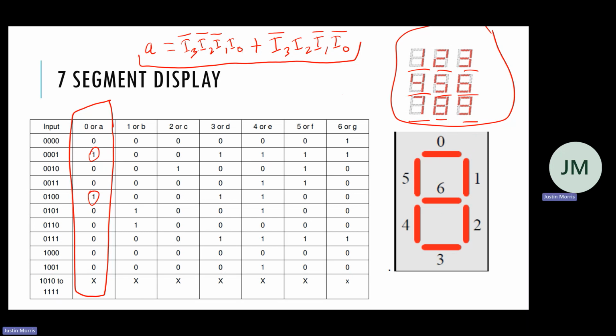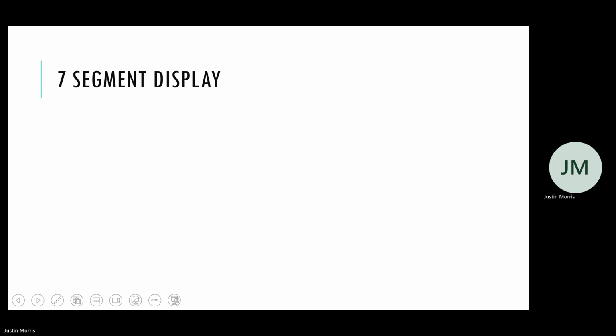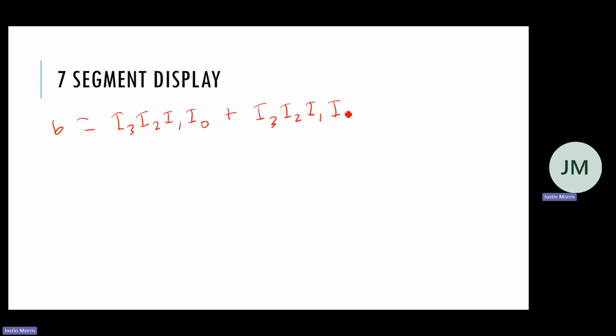So we can do another one. We can do B together again. So B is going to be off at 5 and 6, right? So let's do B, I3, I2, I1, I0, I3, I2, I1, I0.